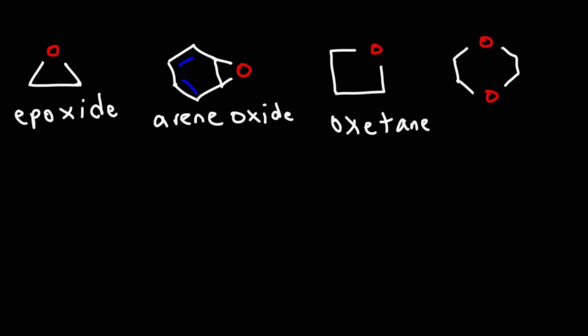So we have 4 carbon atoms, 2 oxygen atoms. This is called an oxane, specifically a dioxane. Now the oxygens are 1,4 apart. Let's say this is atom 1, 2, 3, 4. So this is specifically called 1,4-dioxane.